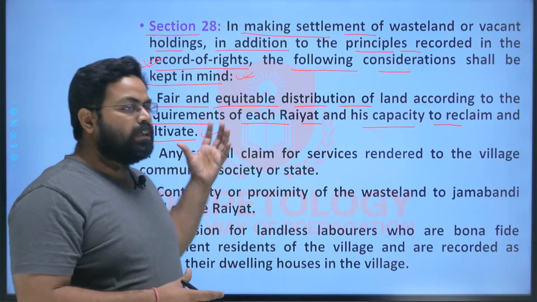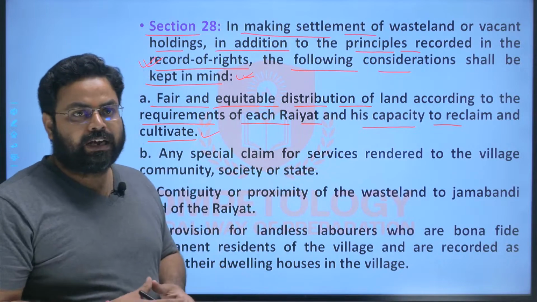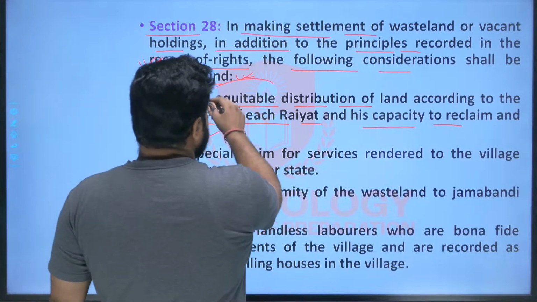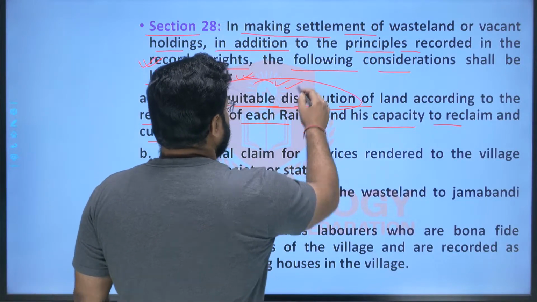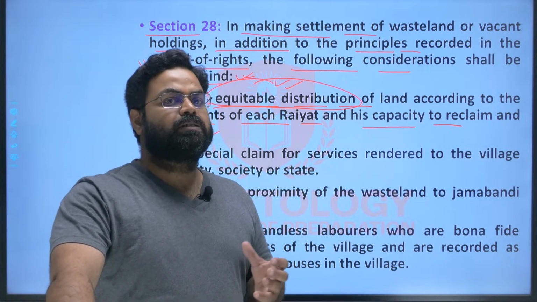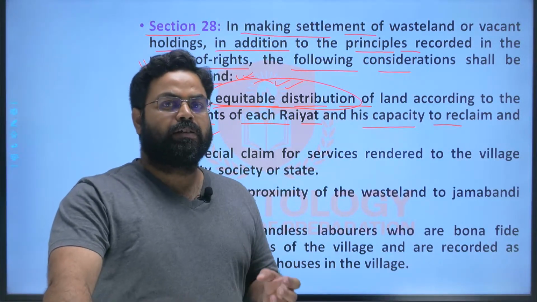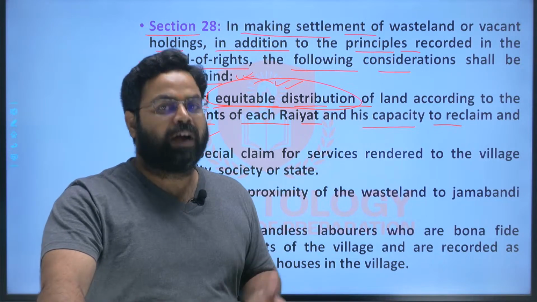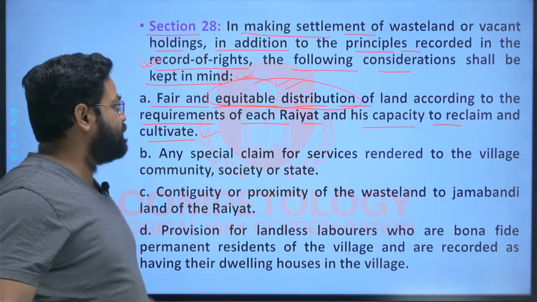So while resettling or settling the vacant land or the wasteland, it should be kept in mind, first of all, equitable distribution, which means that the land should be distributed in such a way that all of the land or the majority of the land should not get concentrated in a few hands, right? So the first thing is that.